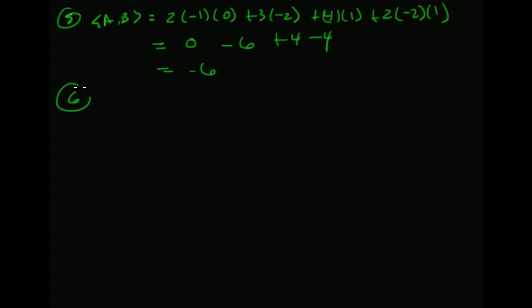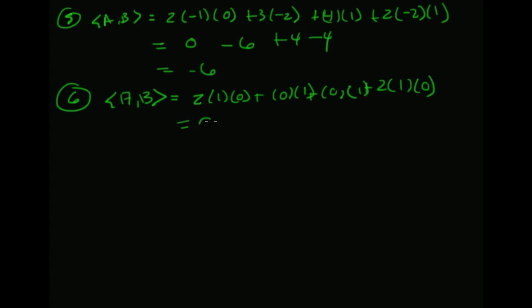Let's look at number 6. It's again an inner product of two matrices, but this time I get 2 times 1 times 0 plus 0 times 1 plus 0 times 1 plus 2 times 1 times 0, and each of those terms has a 0 in it, so that's 0.